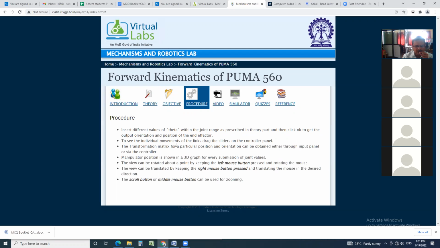Second, to see the individual movements of the links, drag the sliders on the controller panel. The transformational matrix of a particular position and orientation can be obtained either through the input panel or via the controller. The manipulator position is shown in a 3D graph for every submission of joint values. The view can be rotated about a point by keeping the left mouse button pressed and rotating the mouse.